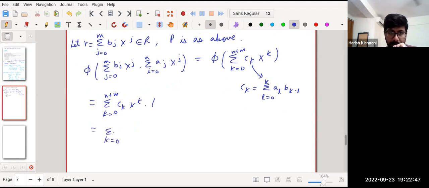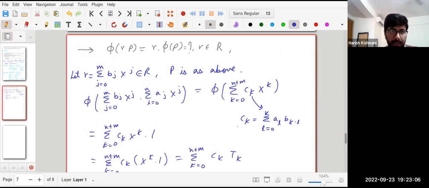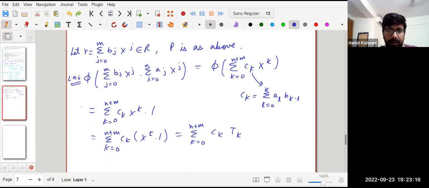This is ck xk dot 1, and that will give you summation k equal to 0 to n plus m of ck tk. This is your LHS. Now RHS is R dot phi of P.